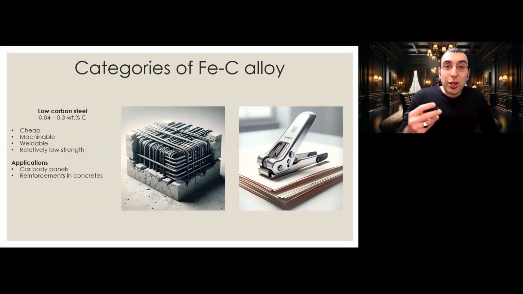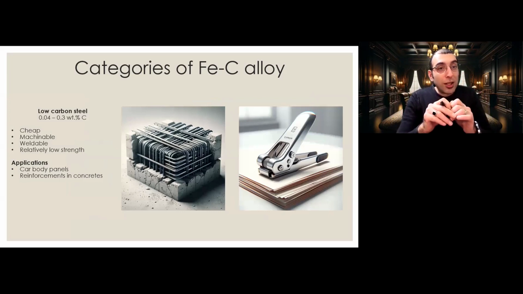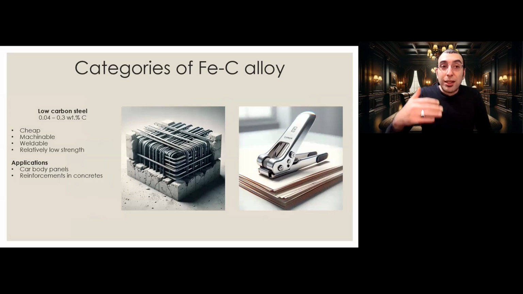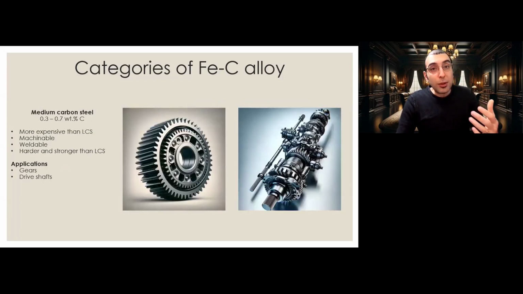And they are also used in clippers. The clippers are kind of ductile. You can work it out with your hands. So those are low carbon steel. The higher the composition of carbon, the harder your material gets. Then we go to medium carbon steel, which has a concentration between 0.3 to 0.7 weight percent of carbon.